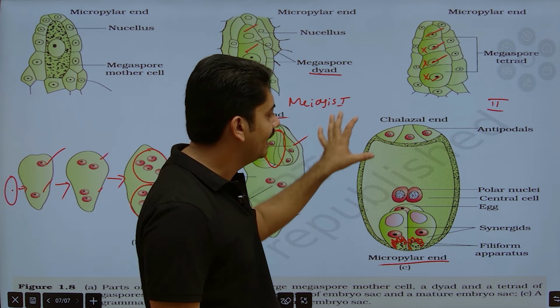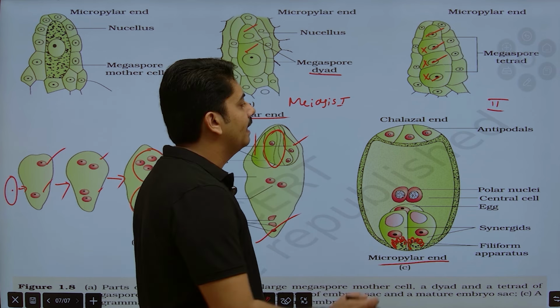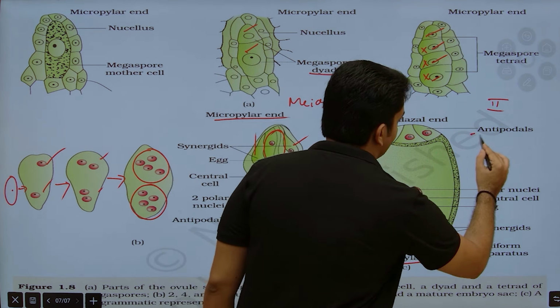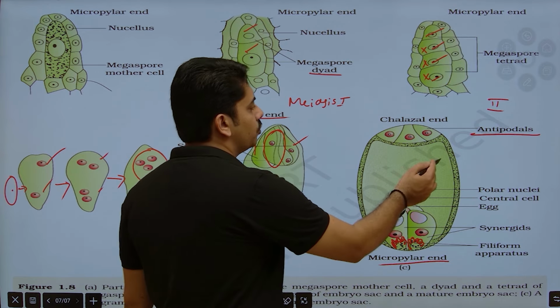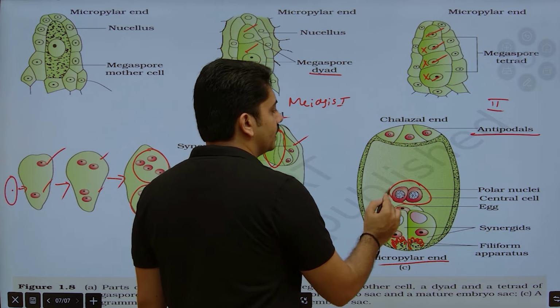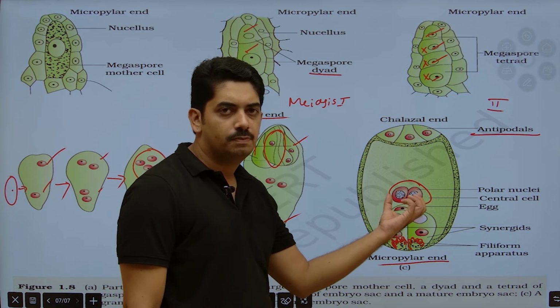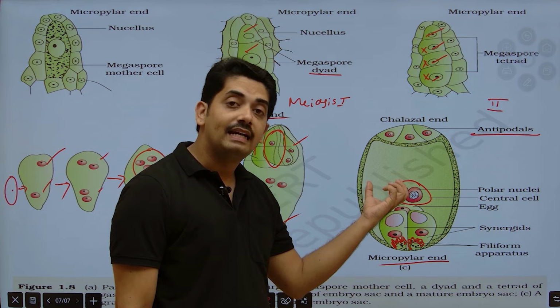Now, if you look at this complete embryo sac, you can see there are 3 cells at the chalazal end, and they are called antipodal cells. Their functions are not clear. And here you see a very large cell with 2 nuclei. The name of the cell is the primary endosperm cell, or you can say polar nuclei. They are diploid.